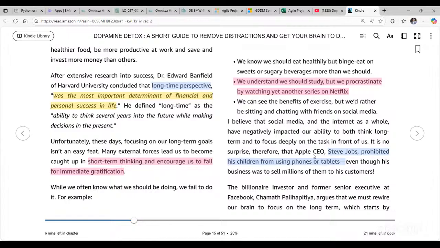Even I have seen a similar kind of statement from the Facebook founder, what is his name? Mark Zuckerberg, yeah. Or even the Twitter guy, Elon Musk, hardly uses the phone or social media, but they have some of the biggest social media platforms, be it the Meta group or Twitter.